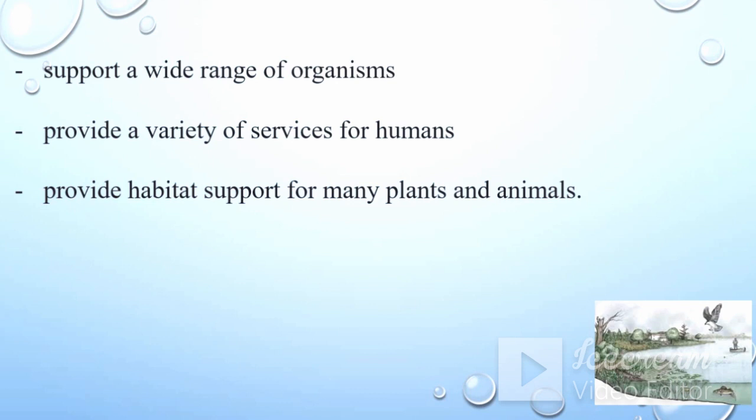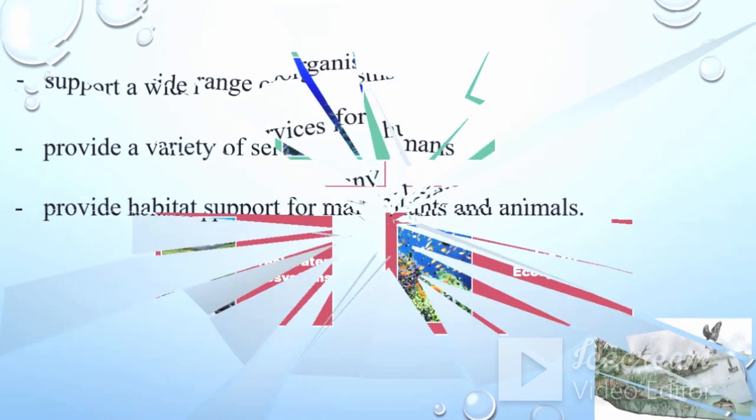They provide a variety of services for humans, including water for drinking and irrigation, recreational opportunities, and habitat for economically important fisheries. They also provide habitat support for many plants and animals.